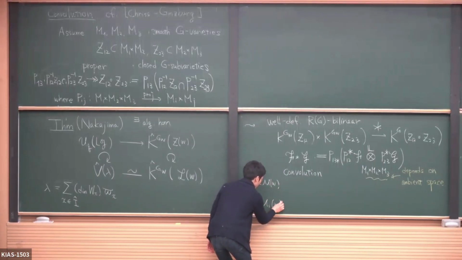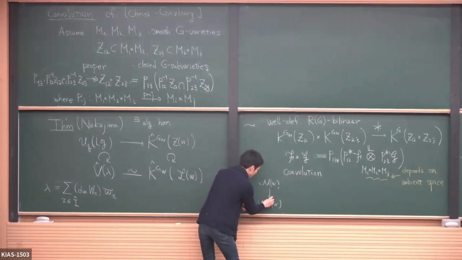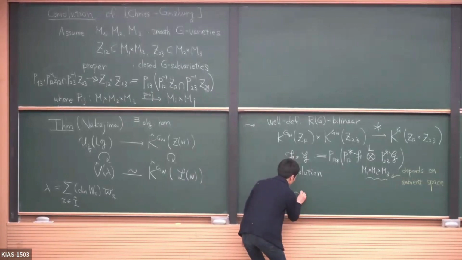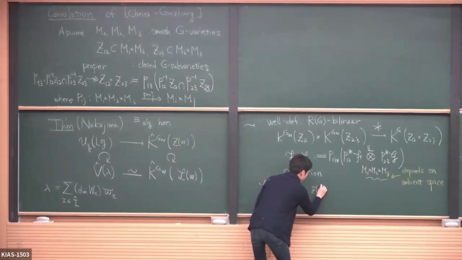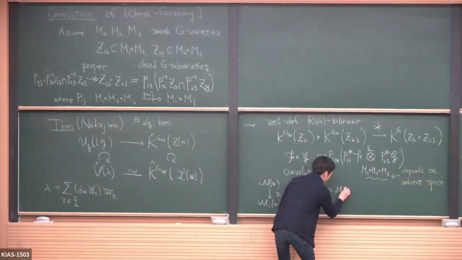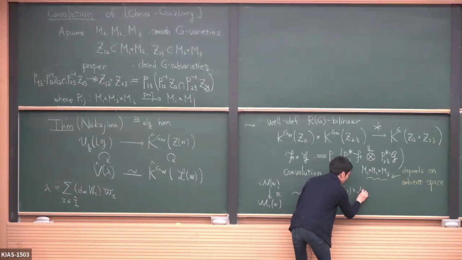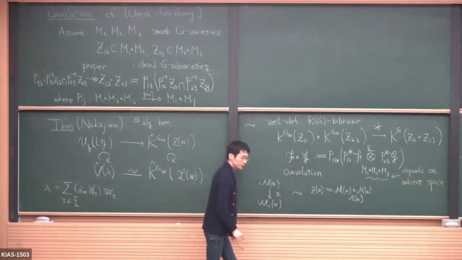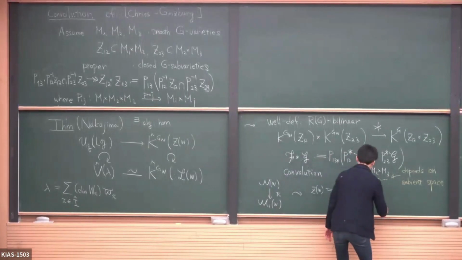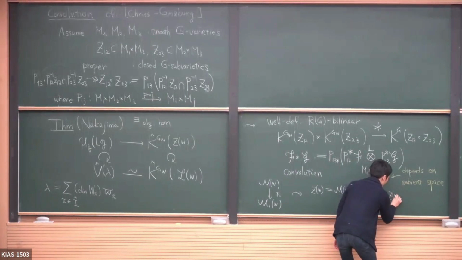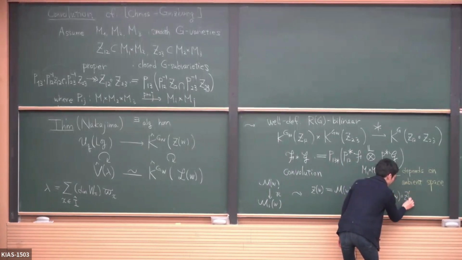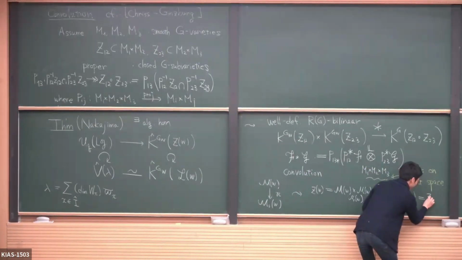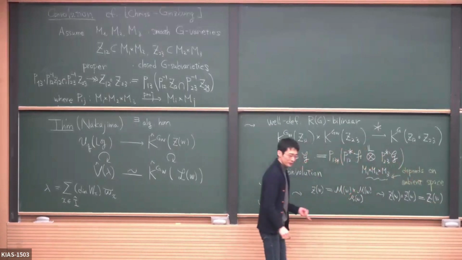So there are two versions, smooth and affine, and we have proper map pi, and ZW is defined to be a fiber product of this MW, and then we find that the composition of ZW with itself is again ZW.